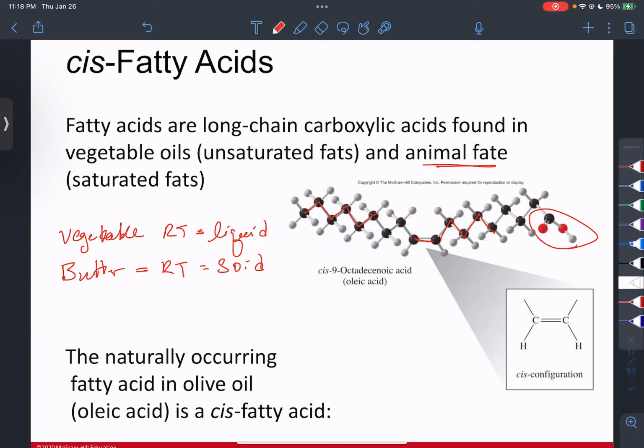So this is an example of a cis fatty acid. And what you can see is that these double bonds create basically kinks inside of the chain. And so normally if you had something that was saturated, if you had a tail of saturated fats, right? Then what you would see is these tails line up absolutely perfectly with one another, layer after layer after layer.